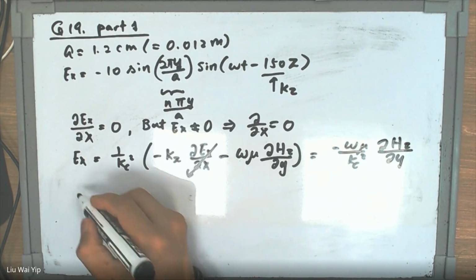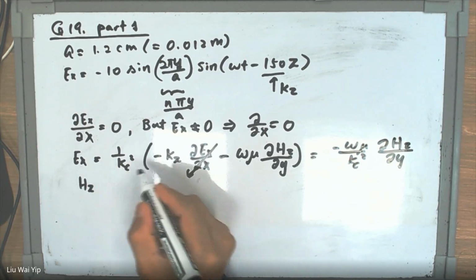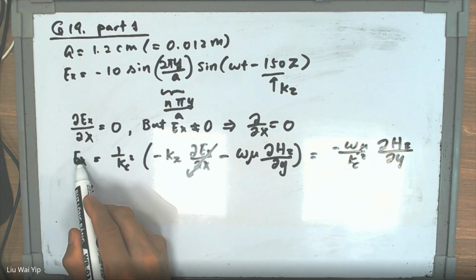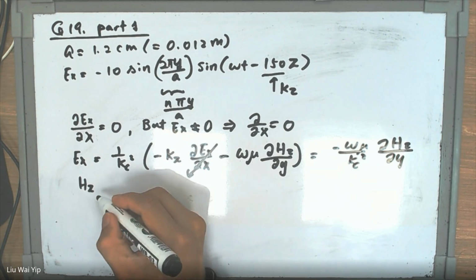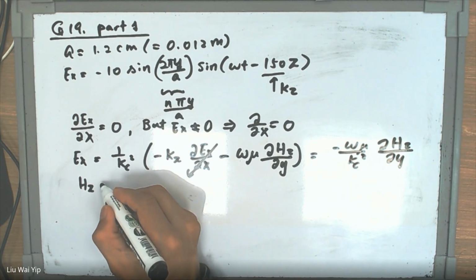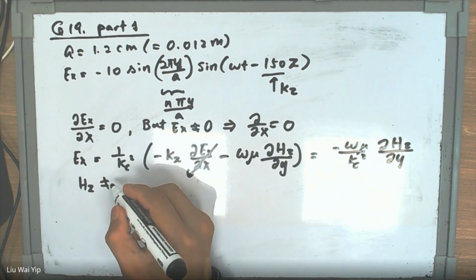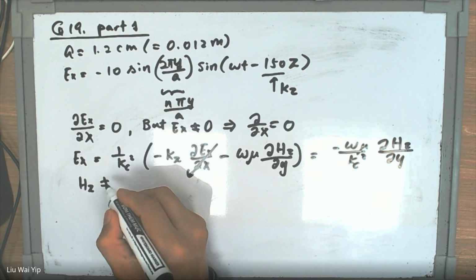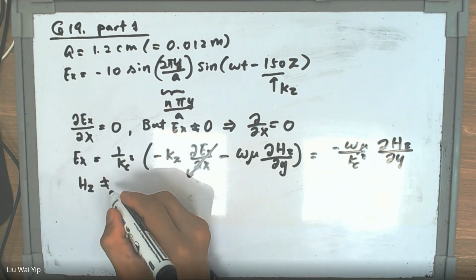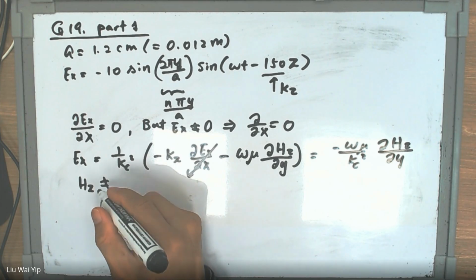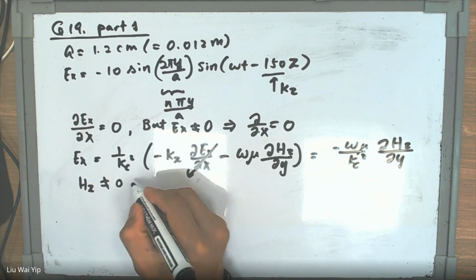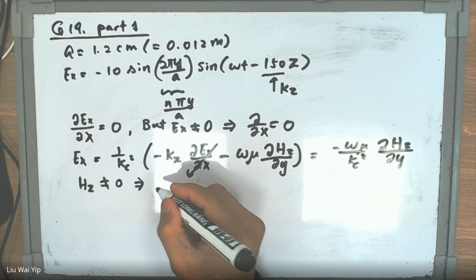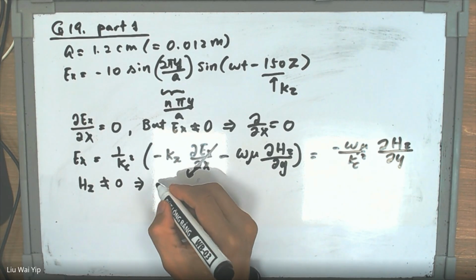So in this case, we confirm that Ex is 0. Then according to this equation, the electric field in the y direction is 0. So the longitudinal electric field in the direction of propagation is 0. This means it is a TE mode.